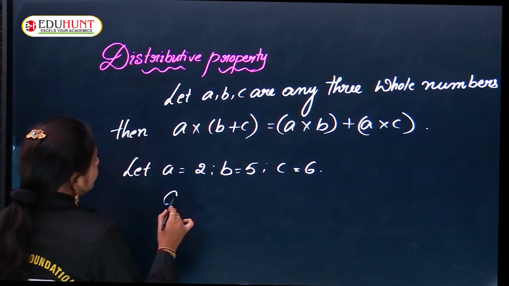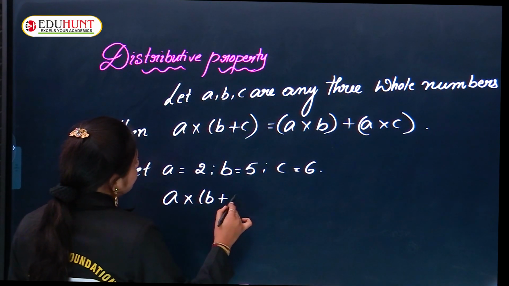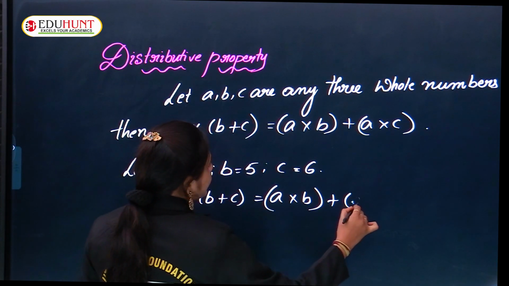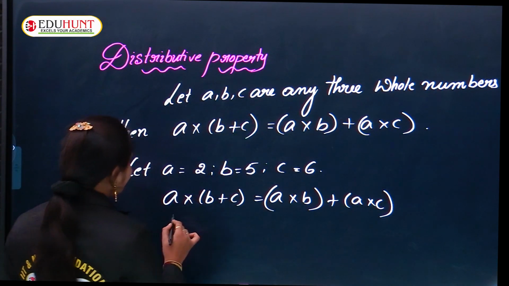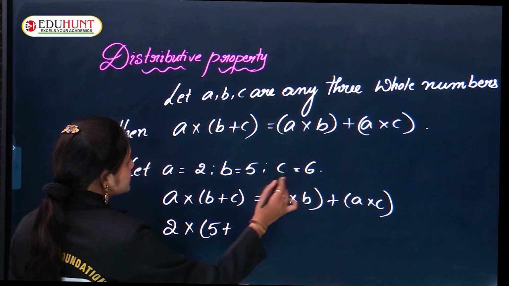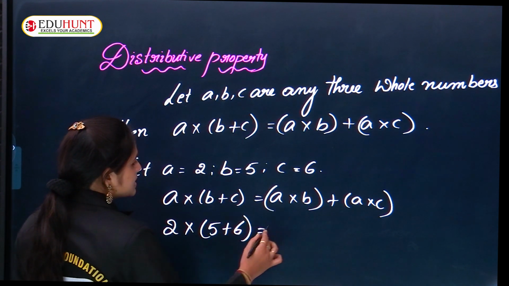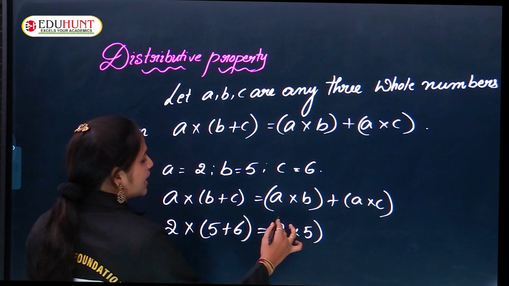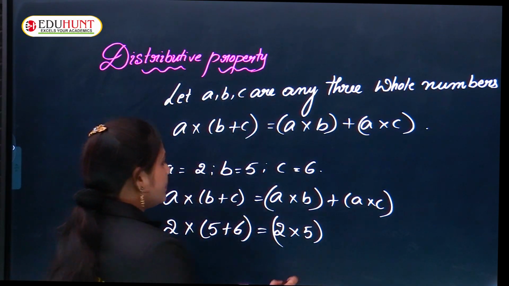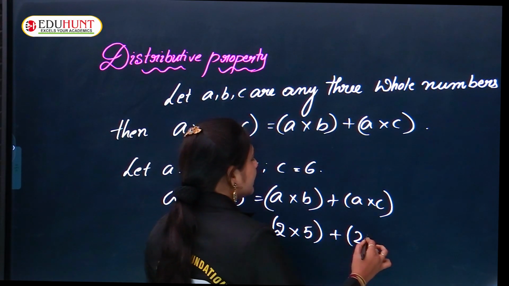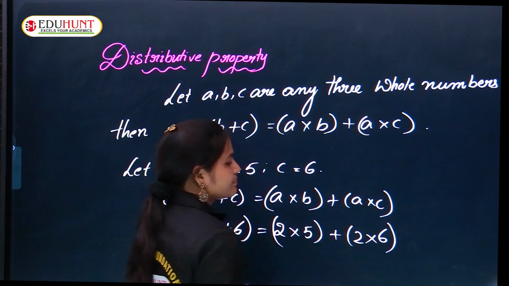Now A into B plus C is equal to A into B plus A into C. Here A is 2 into B is 5, C is 6, which is equal to A is 2 into B is 5, plus A is 2 into C is 6.